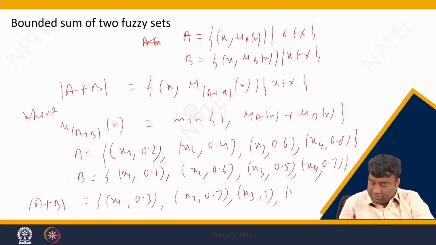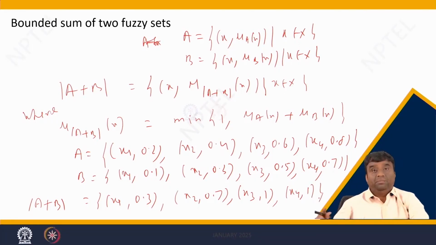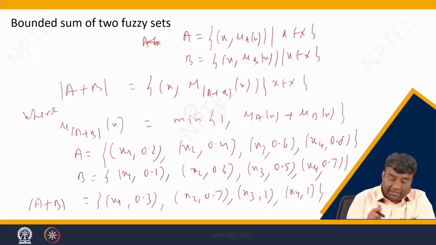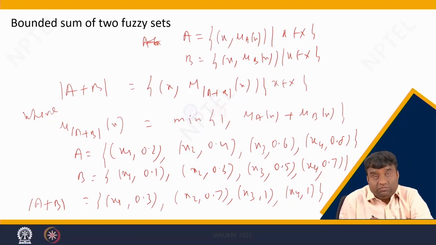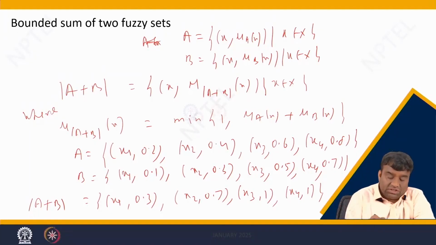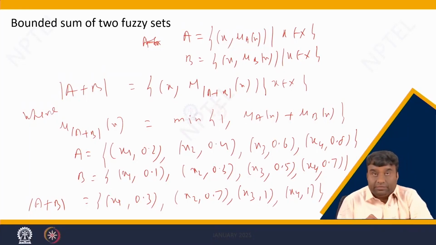So for x4 we also get 1. So this is known as the bounded sum of two fuzzy sets. Once again, the notation may vary in different books.